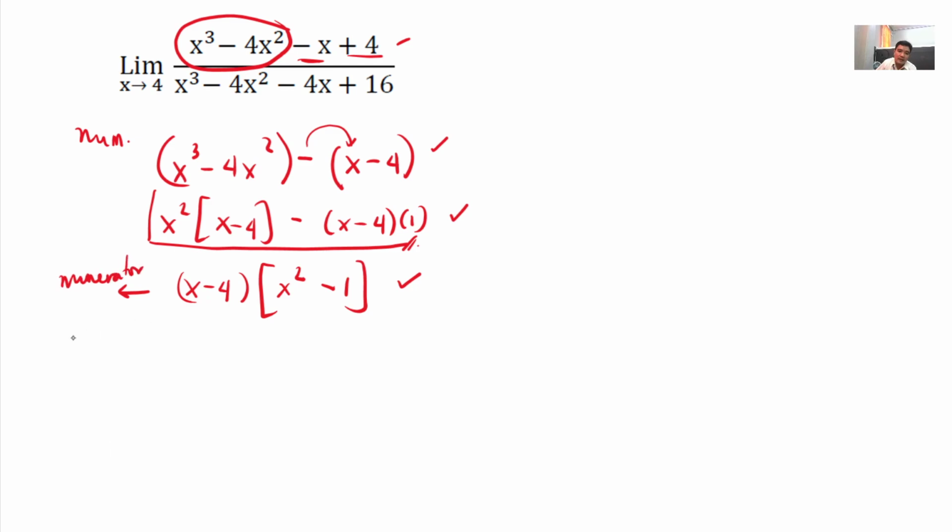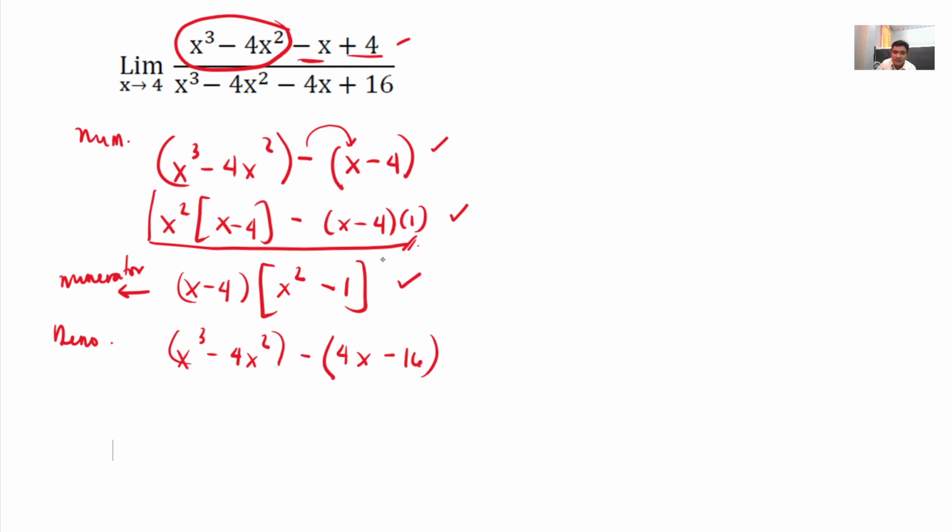Okay, how about sa denominator? That is x cubed. Si denominator, i-grouping ko ulit sila. Pagsamahin ko si x cubed minus 4x squared. Okay? Then pagsamahin ko si 4x and 16. So pagkasamahin ko yan, class, negative yan, magiging negative ito. Kasi negative times 4x is negative 4x.